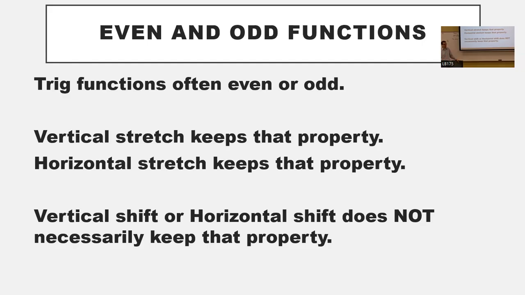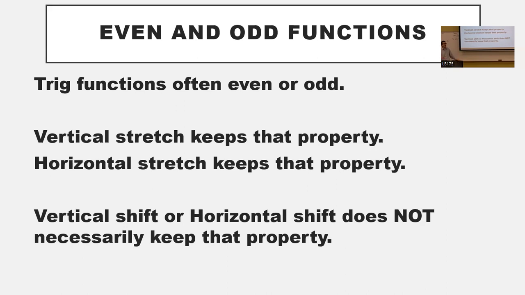So if I stretch a sine function, stretch a tangent, stretch a cotangent, stretch a cosecant, those are all going to remain odd. And the same thing is true with cosine and secant. If I stretch those, they'll stay even.